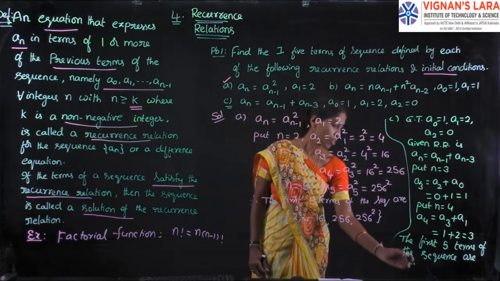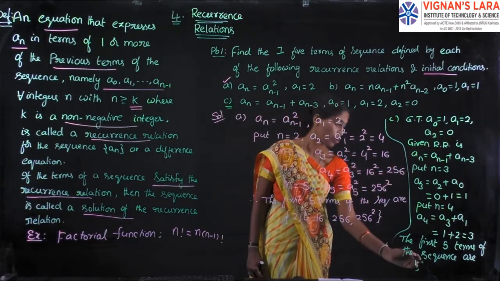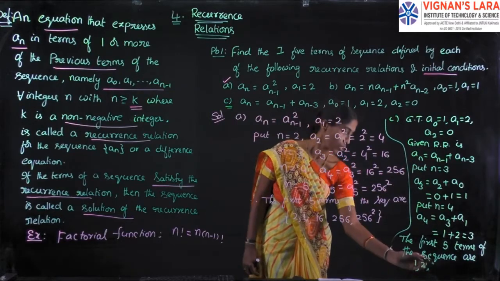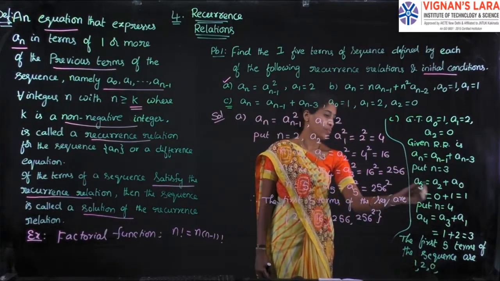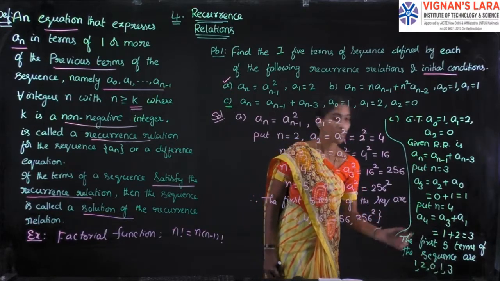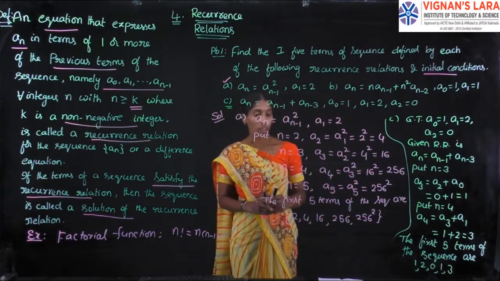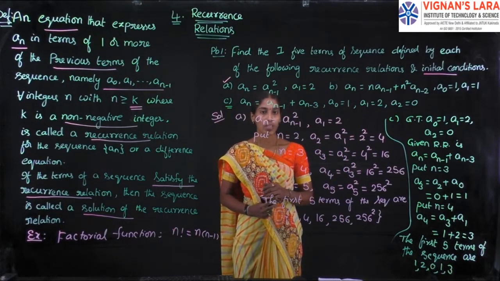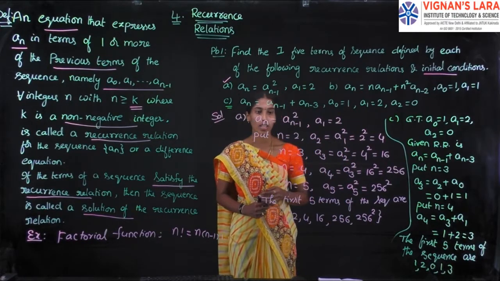So the first term is 1, second value 2, third value 0, next value, that means the A3 value, is 1, and the A4 value is 3. So like that we need to calculate the terms of the sequence if the initial conditions are given, right?